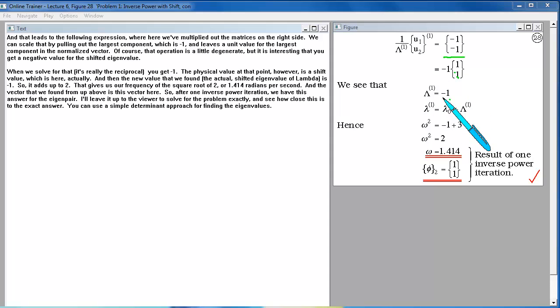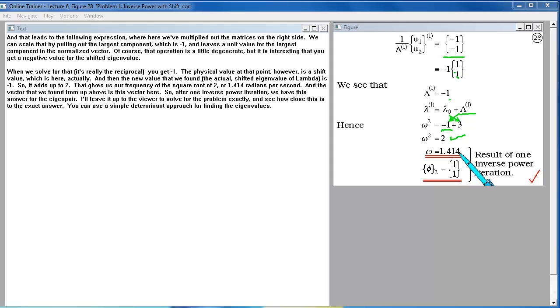The physical value at that point, however, is the shift value, which is here actually, and then the new value that we found, the actual shifted eigenvalue, lambda, is -1. So it adds up to 2. That gives us our frequency of the square root of 2, or 1.414 radians per second.